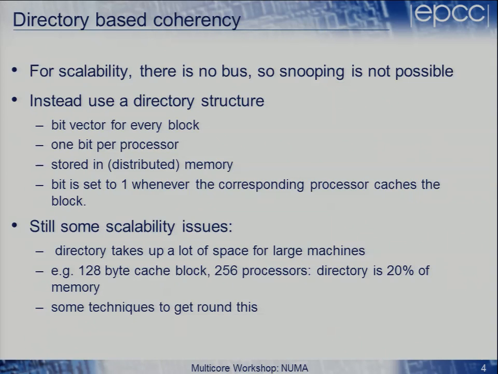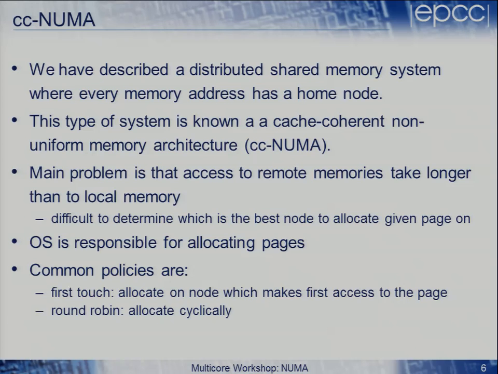So the standard trick, the most common policy, is first touch. You allocate on the node which makes the first access to the page. So when you do a malloc, you don't actually allocate the data. It's not actually allocated till it's touched.